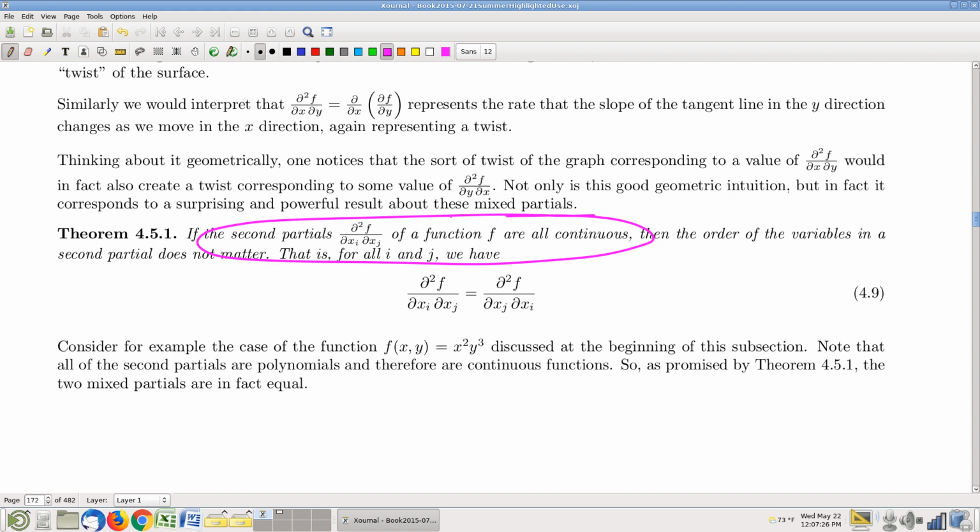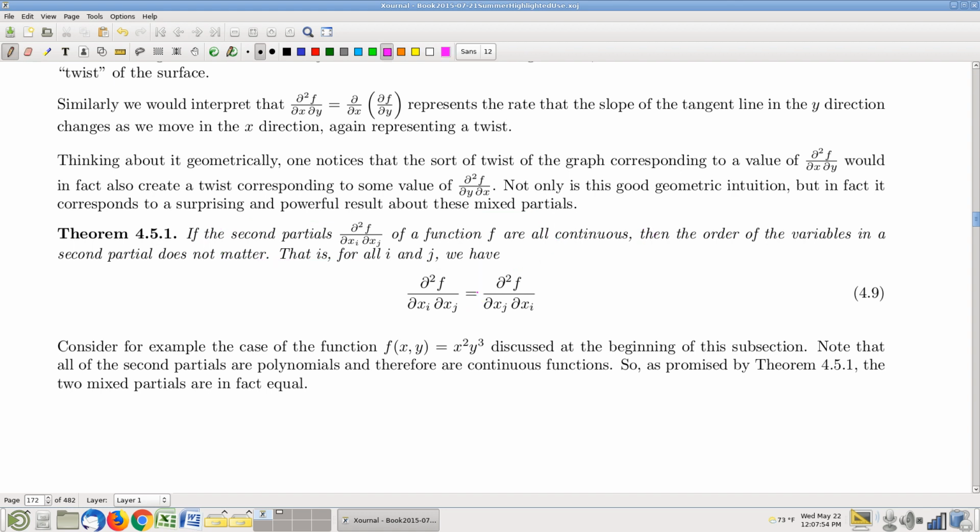There are some weird anomalous counterexamples that one can construct, if one is the kind of person who likes to construct weird anomalous counterexamples. You can make counterexamples that do not satisfy this constraint, in which case, if those partials are not continuous, then those mixed second partials do not have to be equal to each other.